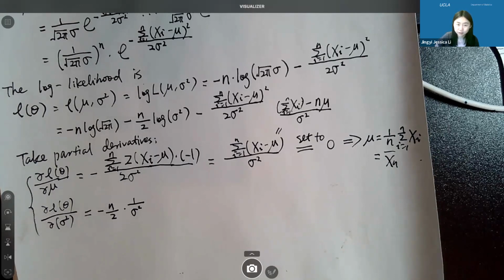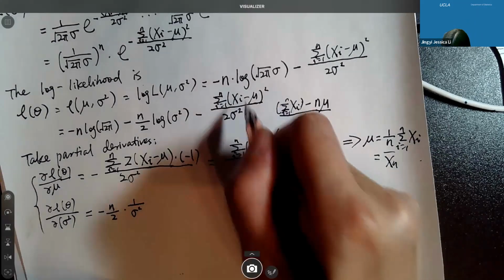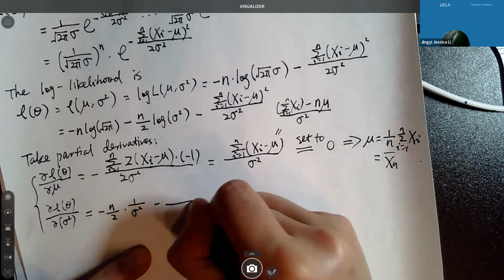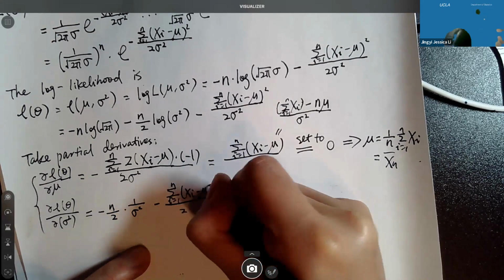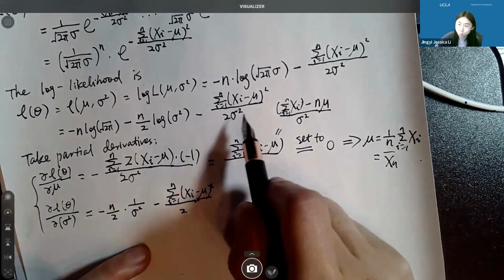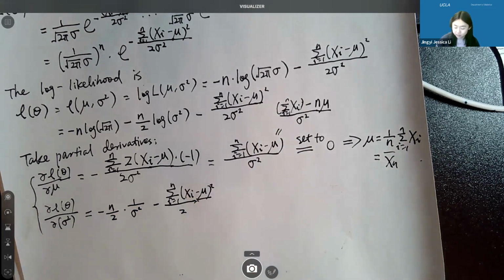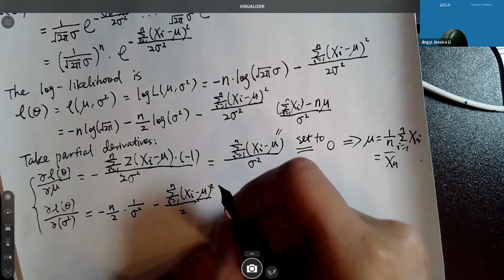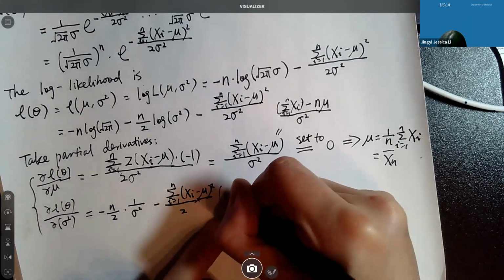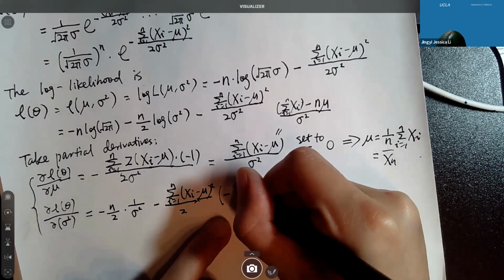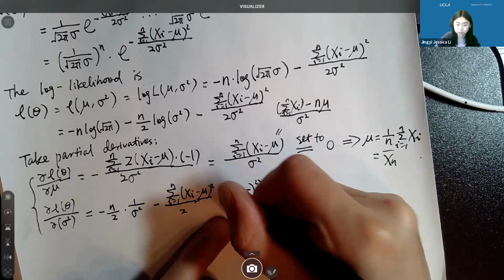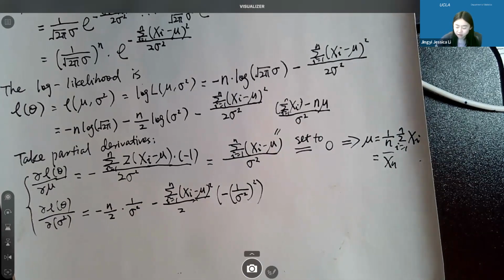And also here, I put a multiplier before this. So it's basically this thing multiplied by 1 over sigma square, and sigma square is the whole thing. So I would get minus 1 over sigma square squared. This is what I will get from the partial derivative against sigma square. It's just like the derivative of 1 over x is minus 1 over x squared. So I'm getting the same thing here.